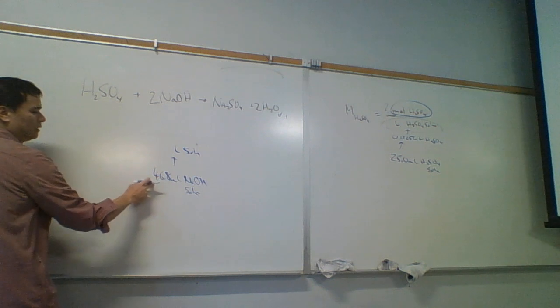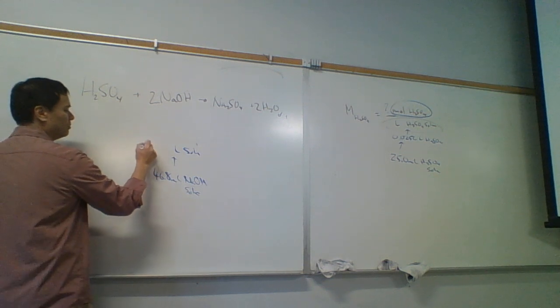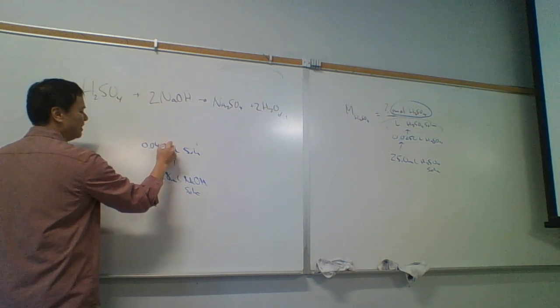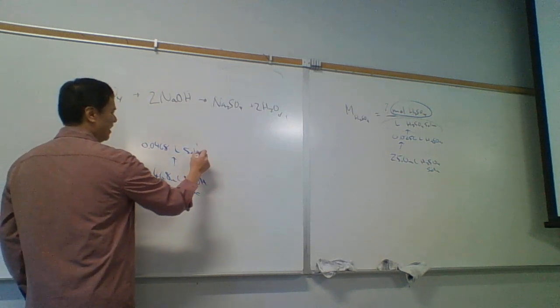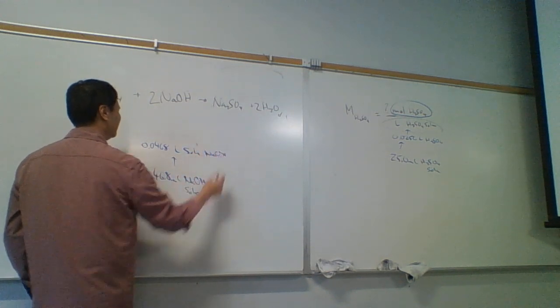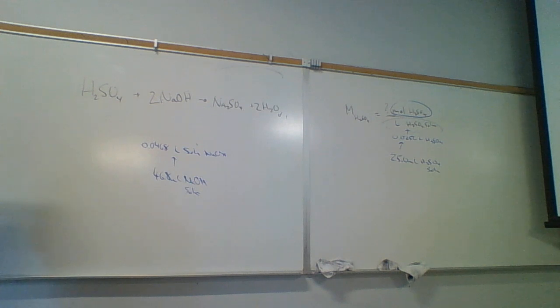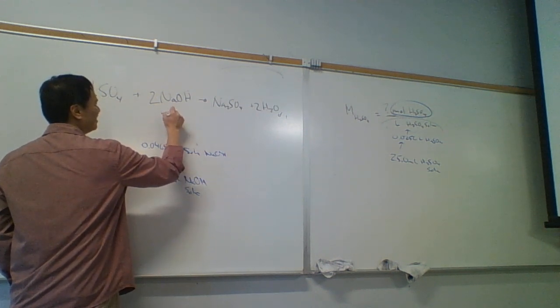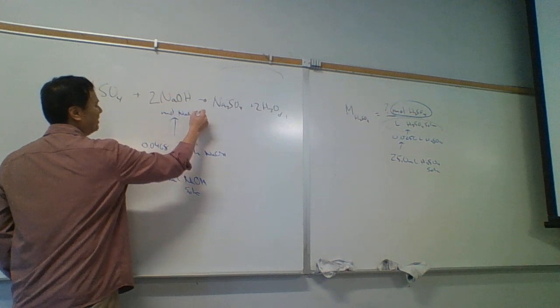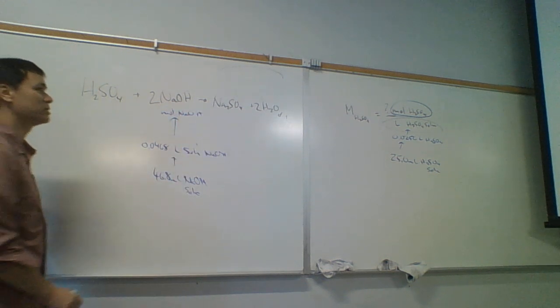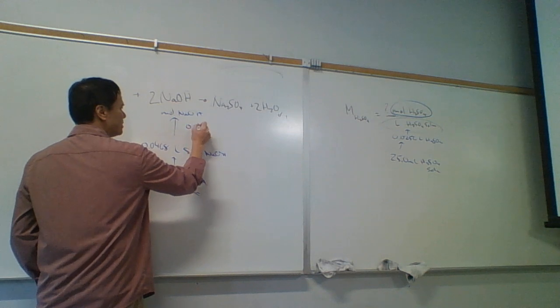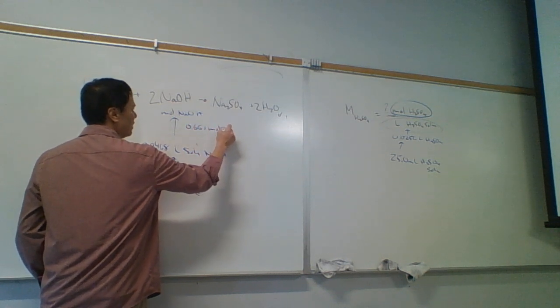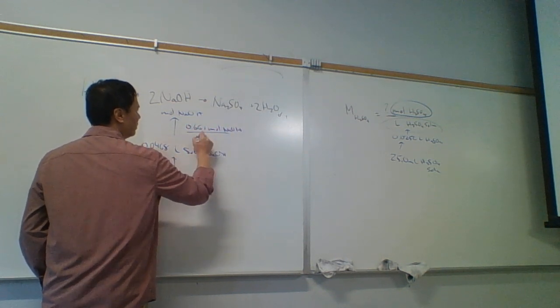We could do that just by moving the decimal 3 over. It's going to be 0.0468 liters of NaOH solution. And then we want to go from liters of solution to moles of pure NaOH. And we'll need the molarity for that. The molarity is 0.661. So there are 0.661 moles of pure NaOH for every liter of solution.